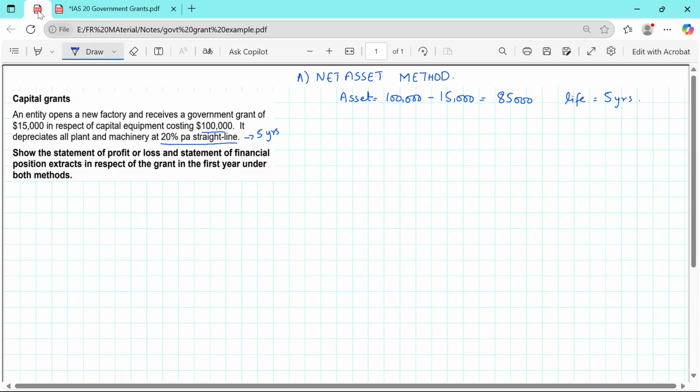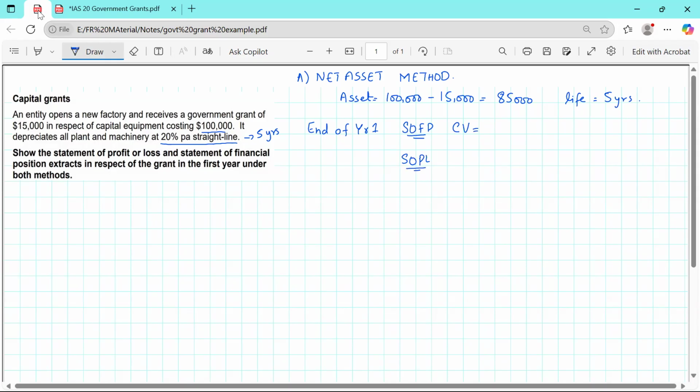Now, at the end of first year, how will you record this? So basically, what was the initial value of the asset? The value was 85,000, right? So in SOFP, you are going to record the asset at carrying value. The carrying value of the asset is going to be cost less depreciation, right? And in SOPL, you will record the depreciation.